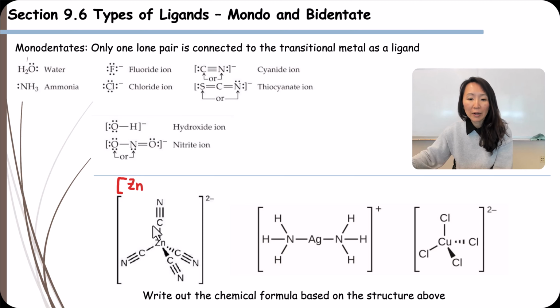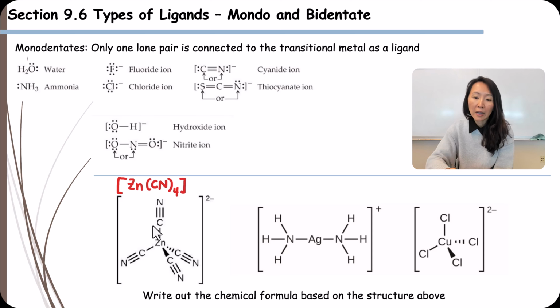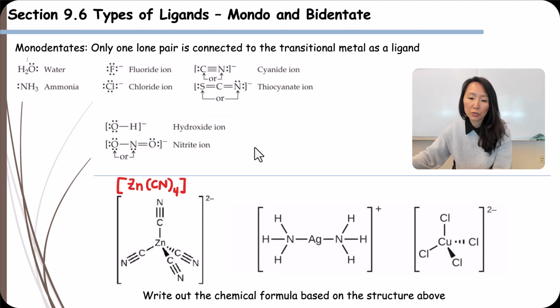Then we write the ligand. This one is cyanide, so it's CN, and there are 4 of them, hence 4. Close the bracket to let the reader know that the cyanide is all attached to that zinc. And then it's got a charge of -2. It doesn't have any counter ions, so we write that charge of -2.